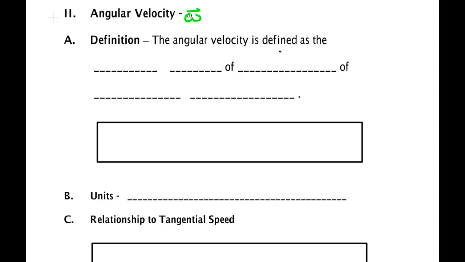You would say that it is the time rate of change of position if you were talking about regular velocity. The only thing that we do now is we put the word angular. So it's angular position. So we're looking at the change in the angle. That is the angular displacement divided by the change in time.